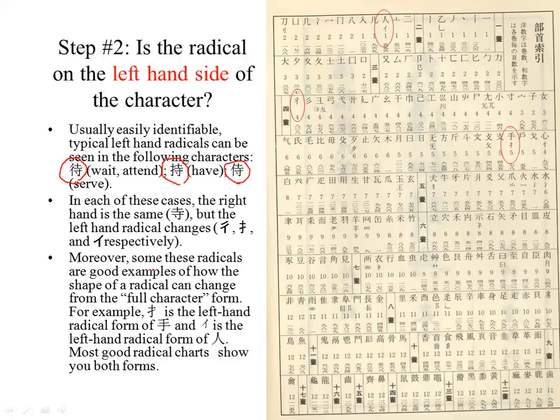These radicals are really good examples also of how the shape of a radical, as I was mentioning earlier, can change from what I'm going to call the full character form. So this particular radical is actually, it's over here in the chart, a 4-stroke radical because originally it's te, as in hand.